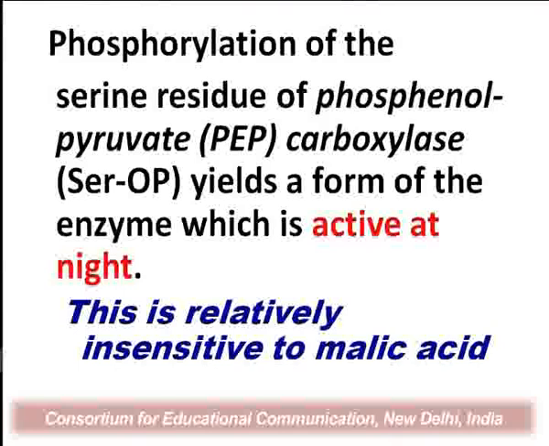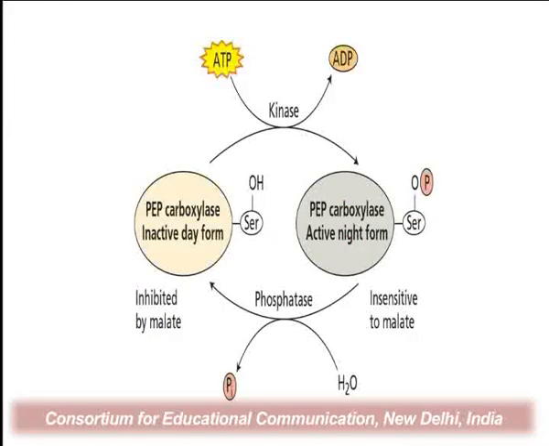For this, the regulatory machinery employs phosphorylation of the serine residue of this enzyme, which yields a form of the enzyme that is active at night. The enzyme which is active at night is relatively insensitive to malic acid, and it can work.